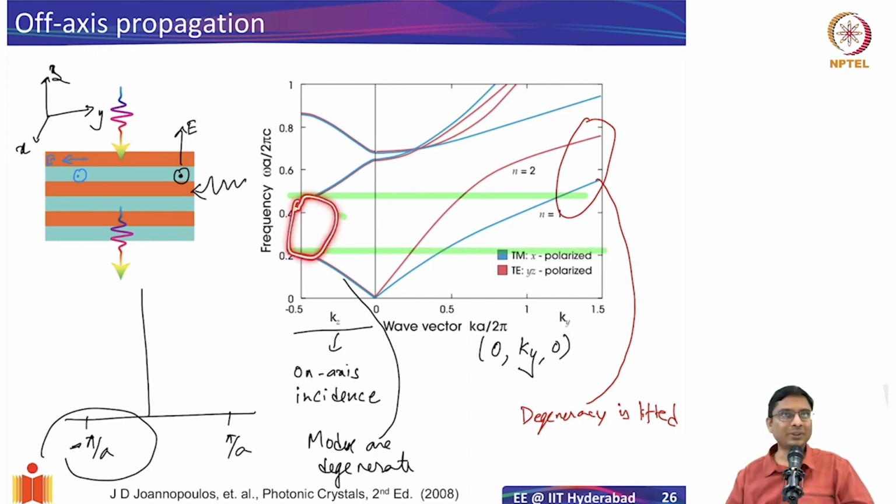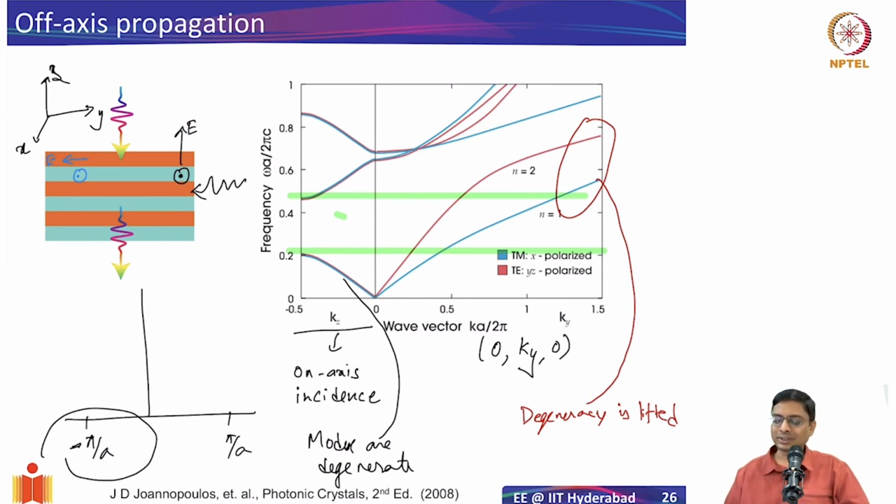There is no wave allowed. But the moment I go to off axis illumination, I see that the waves are allowed. So to actually create a so-called omnidirectional band gap is a challenge, and people have looked at it. There are certain conditions which, if you satisfy, you can create omnidirectional band gaps even with single 1D structures, but it's challenging.